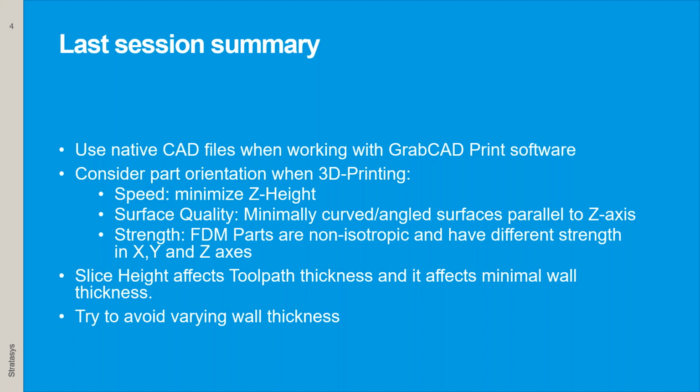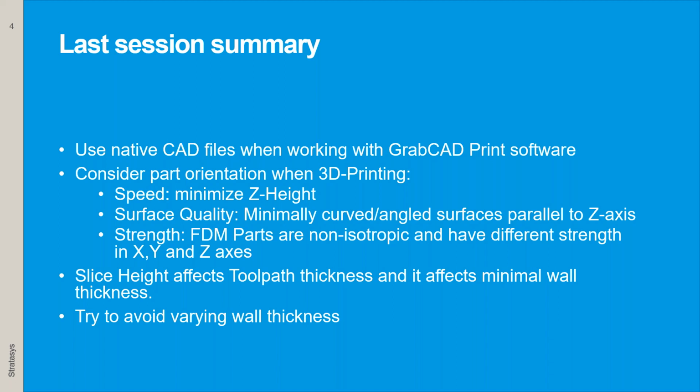And the second part that we talked about was the surface quality. Here we were saying, try to have only minimally curved or angled surfaces parallel to the Z-axis. You remember the step effect on the curve that we showed within the GrabCAD Print software last week. So if you want to achieve good surface qualities with FDM, try to avoid this.